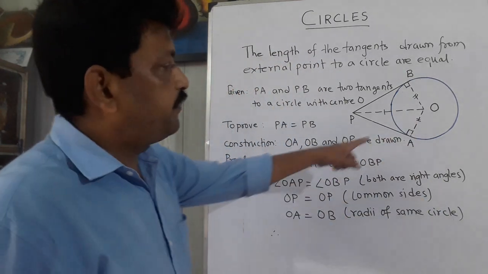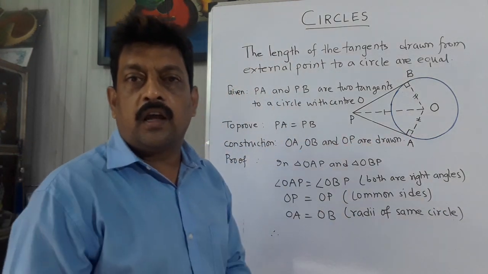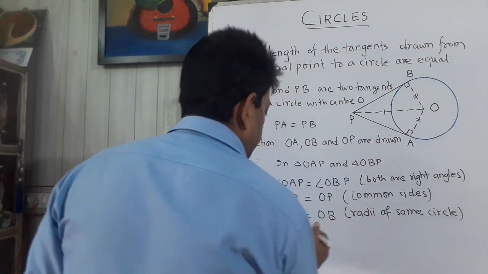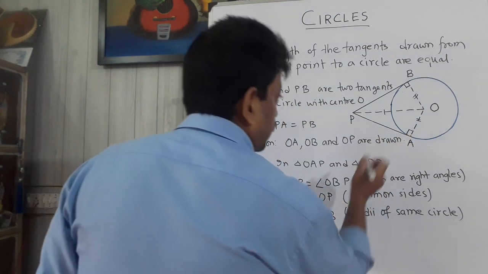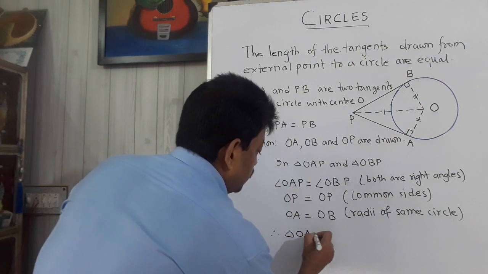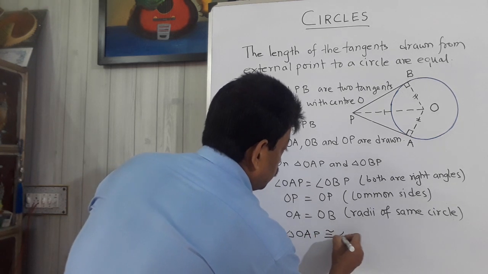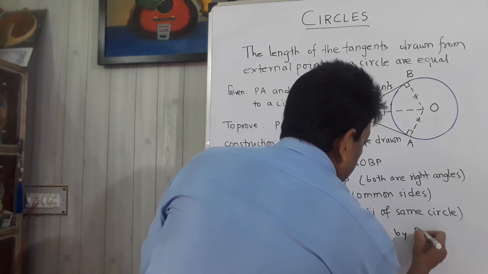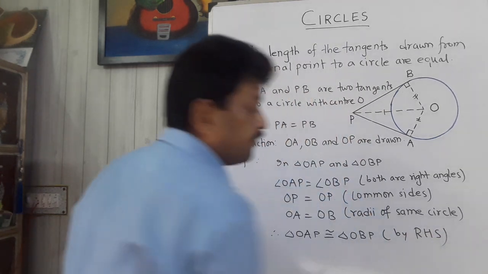So you can see from the figure that these two triangles are congruent by the RHS property, right angle hypotenuse side property. So triangle OAP is congruent to triangle OBP by the RHS criteria.